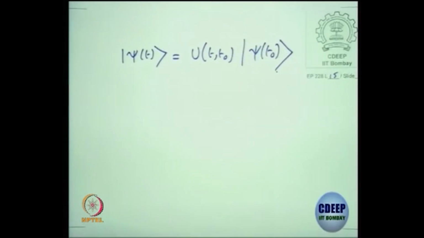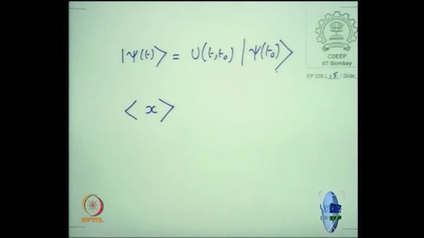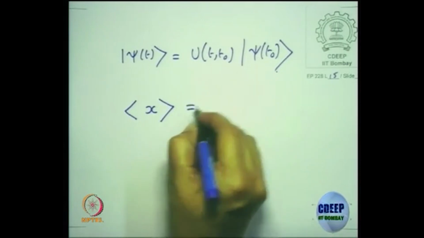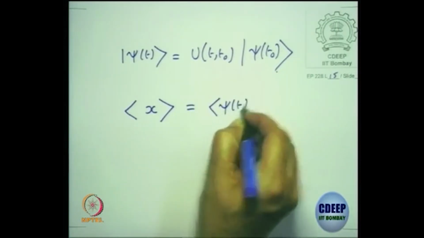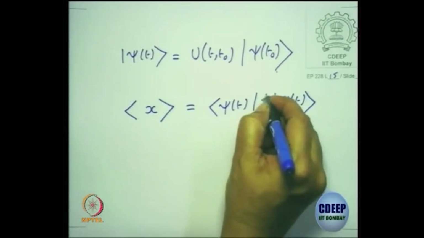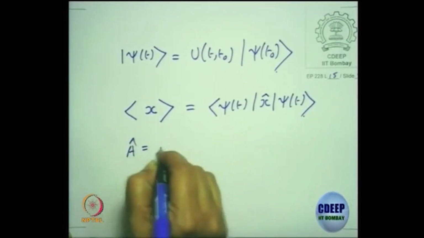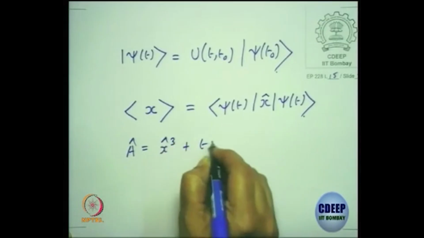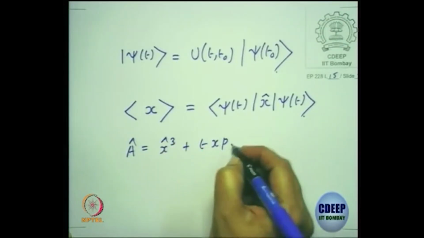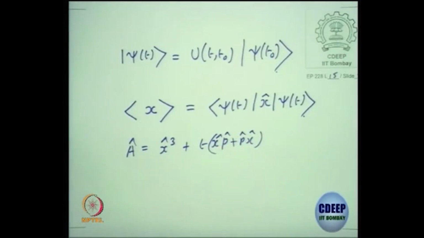So we took the state vectors to evolve in time, but when we want to find the expectation value of x for a system prepared in the state psi, we try to write this as psi of t, x, psi of t. So the x operator does not have any explicit time dependence. Like you could have some operator A as x cube plus t times x p squared, you could have some operators like this.